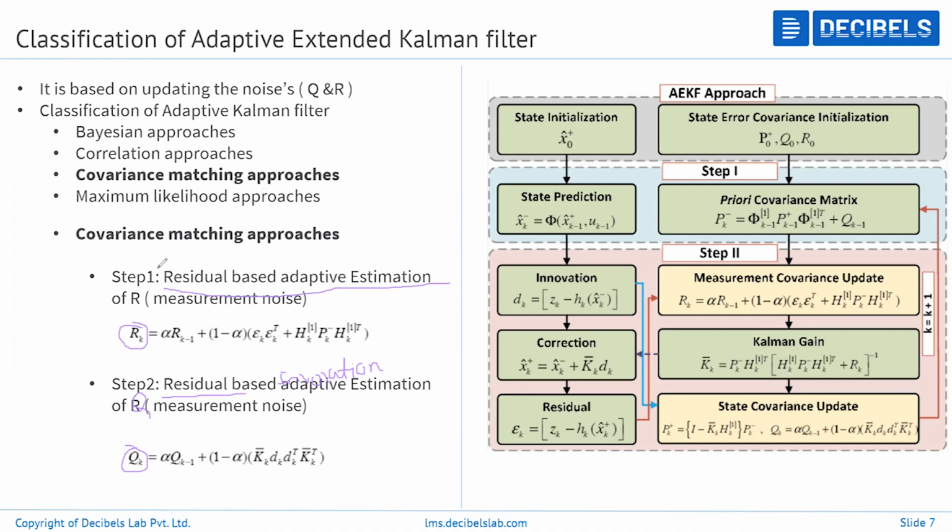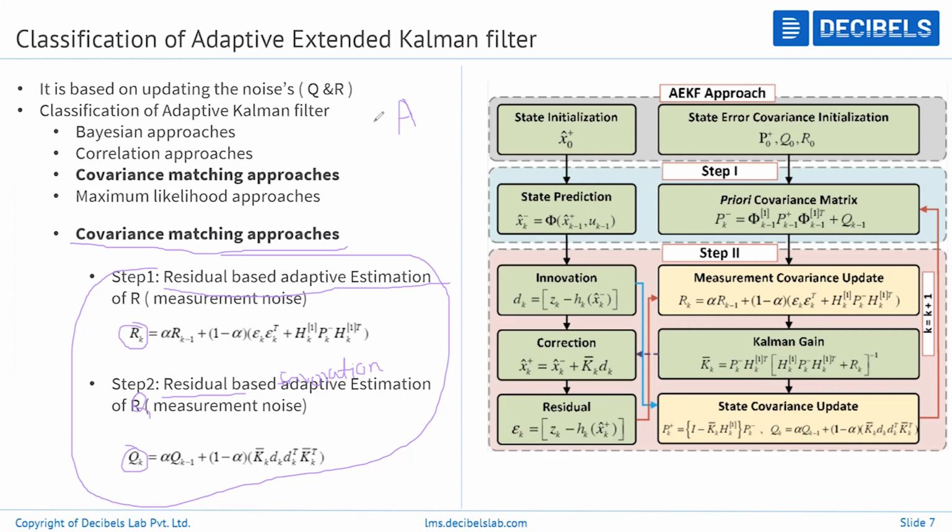So these two, the Q and R dynamic, come under the covariance matching approach. So what is this covariance matching approach? When you talk about adaptive Kalman filter or adaptive extended Kalman filter, it is nothing but updating the noises.